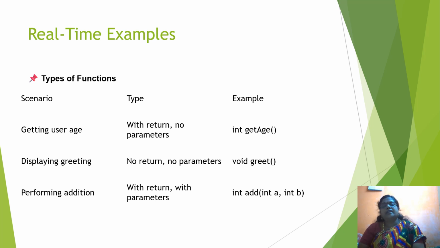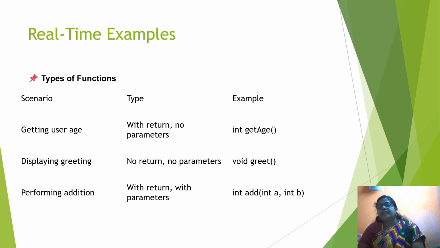Scenario, function type and example. Getting user age: the type of function used for this scenario is with return value and no parameters. Example: int getAge, a function that has no parameters. Displaying a greeting: the function type is no return value and no parameters.